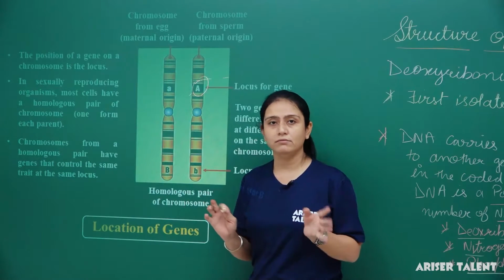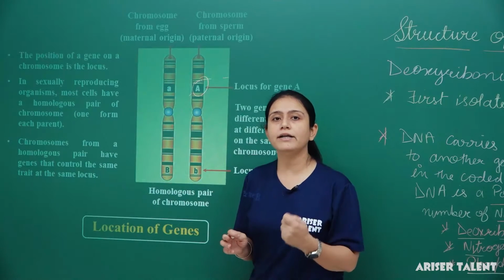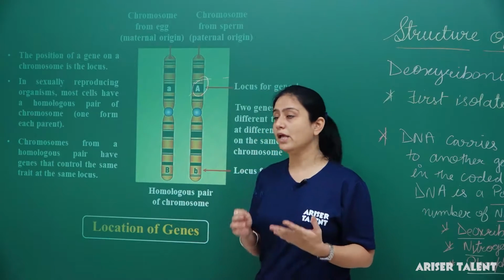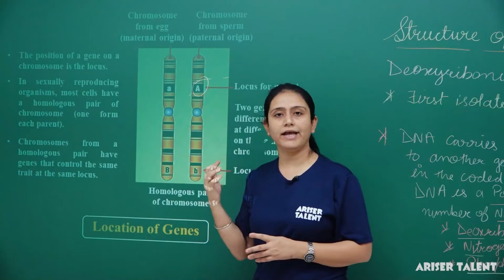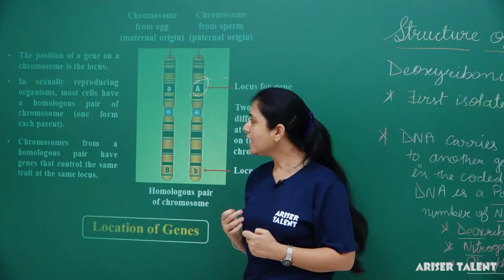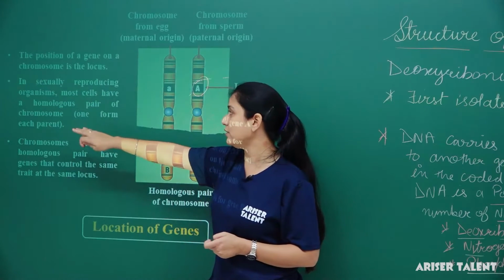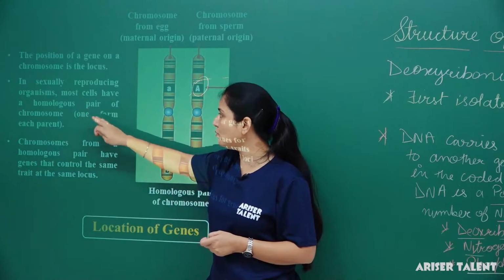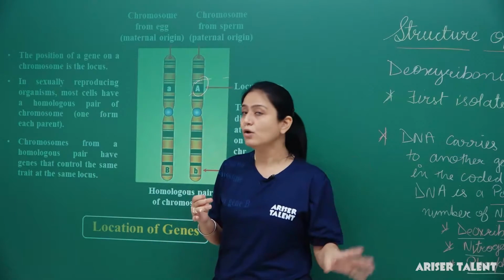They are common in both males and females, but two chromosomes are different in males and females. What are they? They are sex chromosomes. In males they are XY and in females they are XX. So in sexually reproducing organisms, most cells have a homologous pair of chromosomes. Yes, 44 chromosomes, or 22 pairs, are homologous.